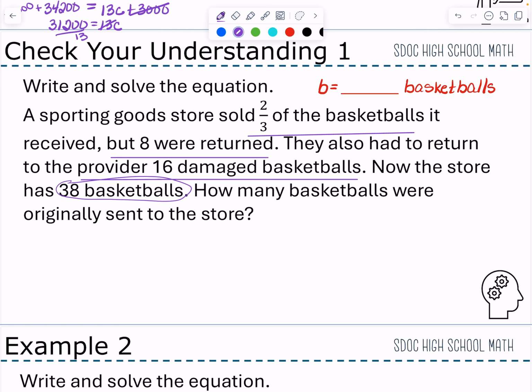So they started out with a certain number of basketballs. Out of that, they sold, so they subtracted out 2/3 of the basketballs. Now, out of those 2/3 basketballs, 8 of them were returned, so they got 8 of them back.